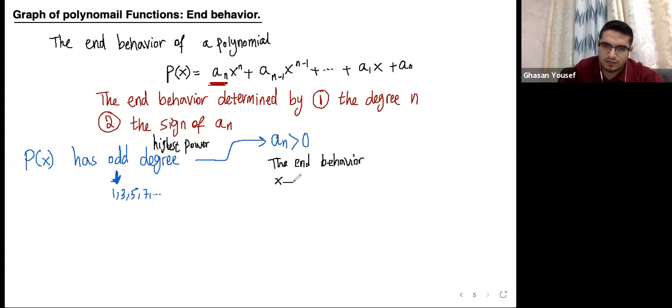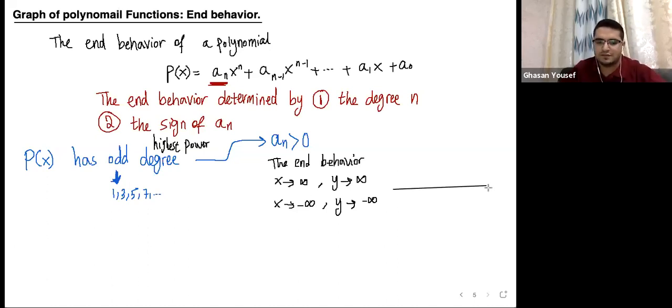When x goes to infinity and when x goes to minus infinity, this is the end behavior. When x goes to infinity, y goes to infinity at the same time. When x goes to minus infinity, y goes to minus infinity. Here is a small graph for this.